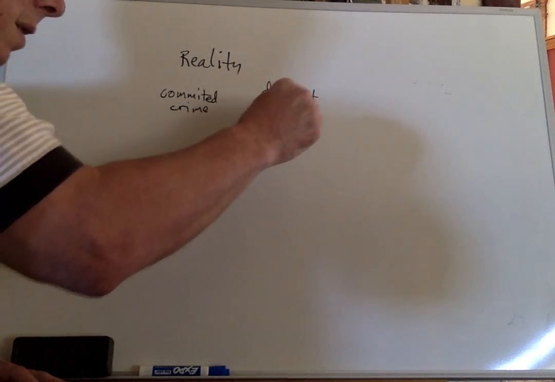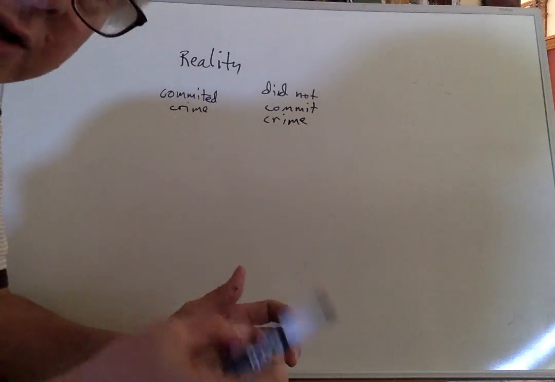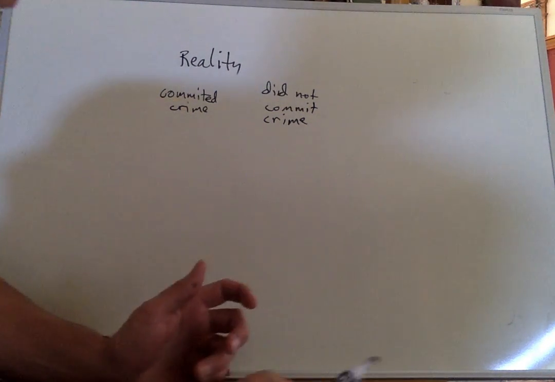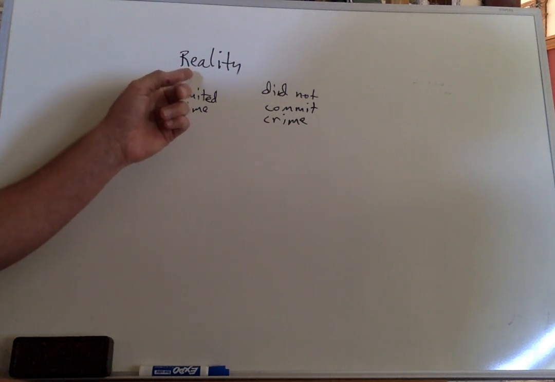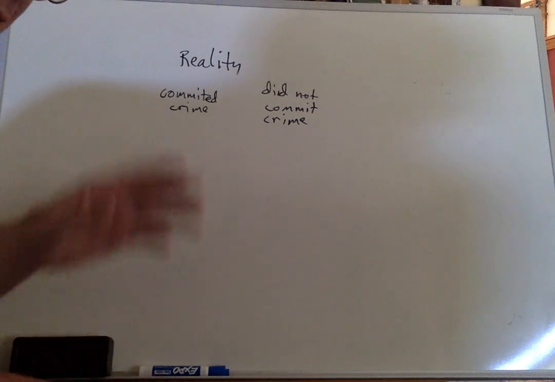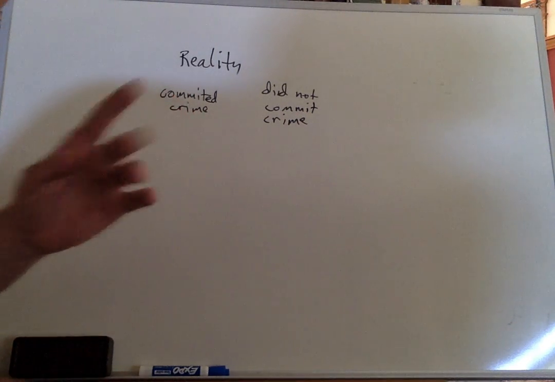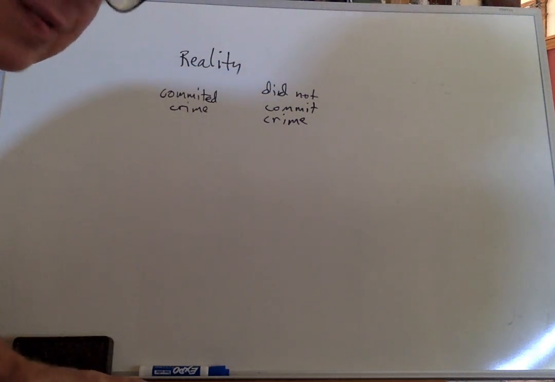So we have somebody in a jury situation. They've been accused of the crime, but of course, we don't really know the reality, right? You can watch any television show, your favorite crime novel or television show. They're trying to figure out reality. Did the person commit the crime or did they not commit the crime?